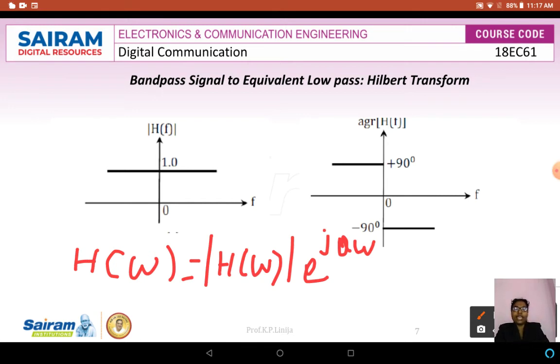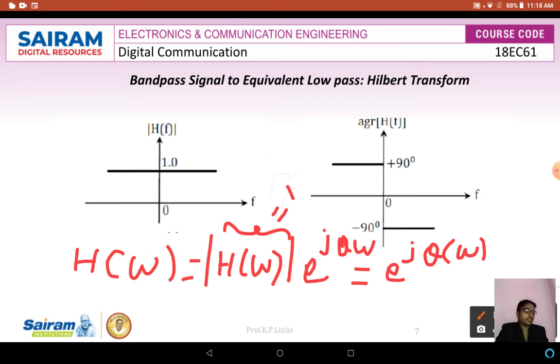Now we know that this modulus of H of omega is equal to 1 from the graphical representation. We can drop it, so it is e power j theta of omega. Okay, clear? Yes. Now next we will move to what this theta of omega is.